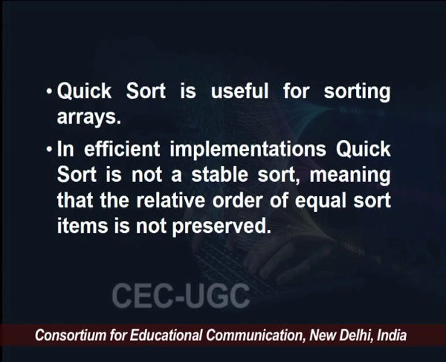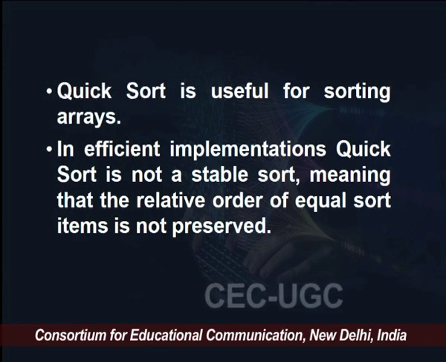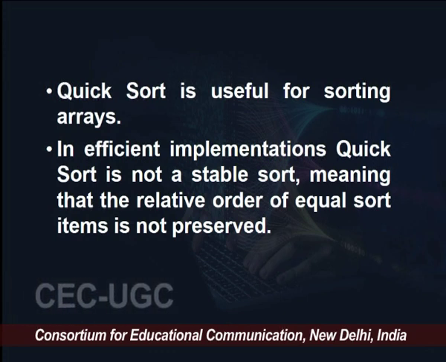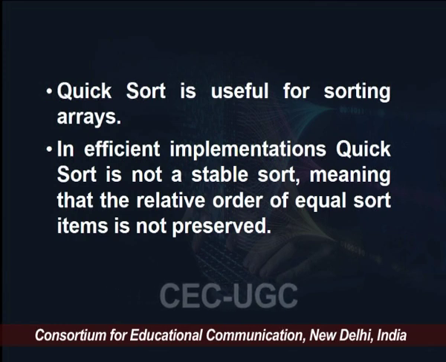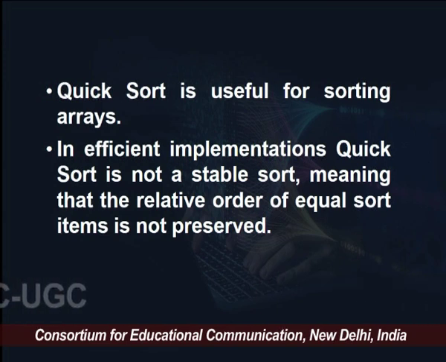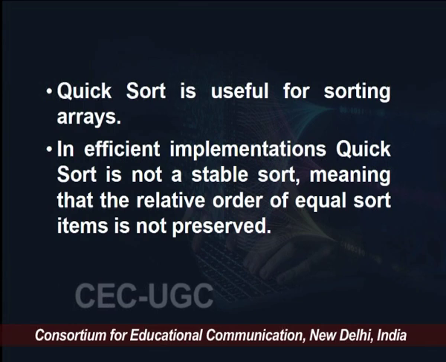But in efficient implementations, quick sort is not a stable sort, meaning that the relative order of equal sorting elements is not preserved. So, this is the problem with quick sort.